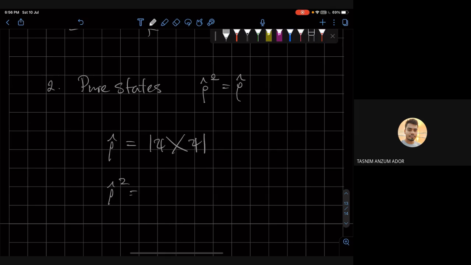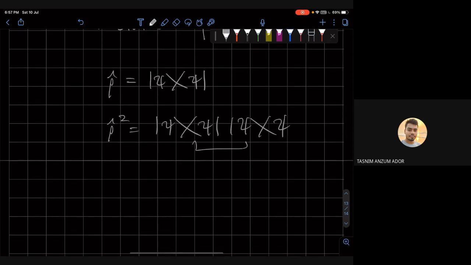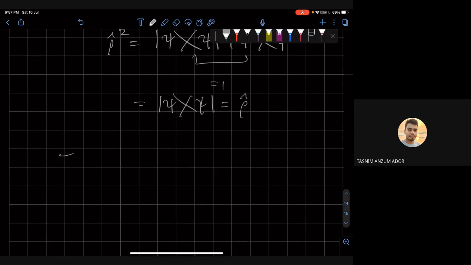Then rho hat squared is this times this, but this is just 1, and therefore we get rho hat. Equivalently, you could have said for pure states the trace of rho squared is equal to 1. That's very easy to prove because the left-hand side is the trace of rho squared, which equals the trace of rho, and the trace of rho we have proved is 1.